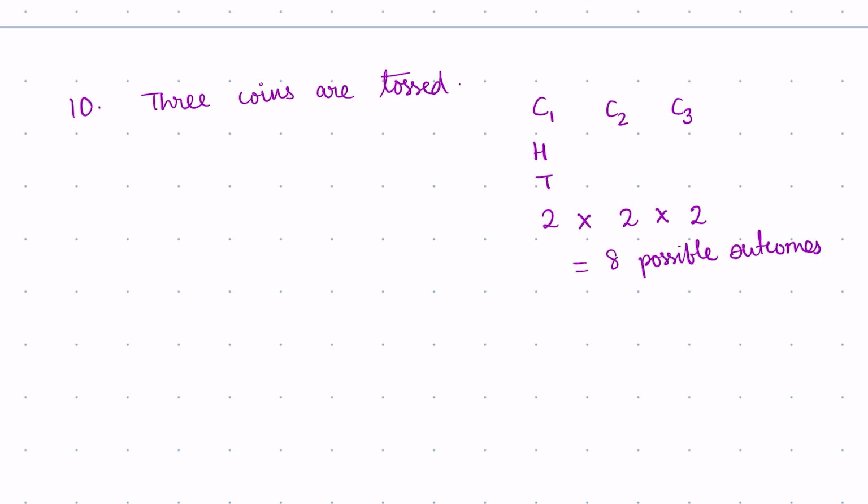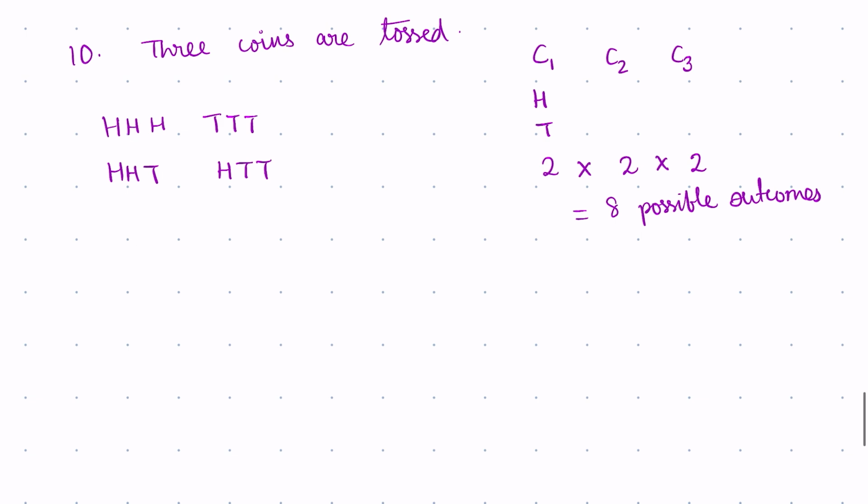Well, what are those outcomes? The first possibility is pretty straightforward. All the coins can give you heads, which means head, head, head. That's one possibility. Or you can get tail, tail, tail. Another possibility is head, head, tail, or head, tail, tail. So those are 4 possibilities. What are the other possibilities?